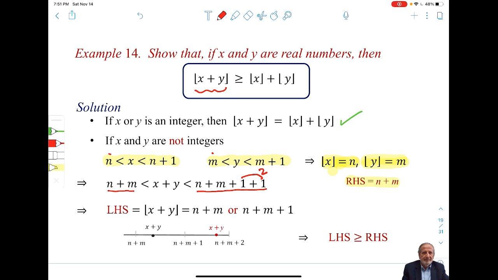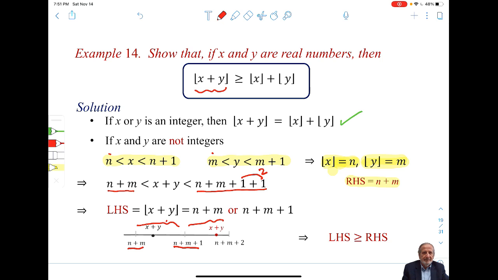Now, I'm saying that in this situation, the floor function of x plus y will be either n plus m or n plus m plus 1. It depends on where your x plus y is. Is it in this interval here, or is it in this interval here?